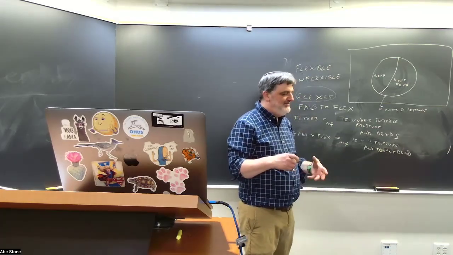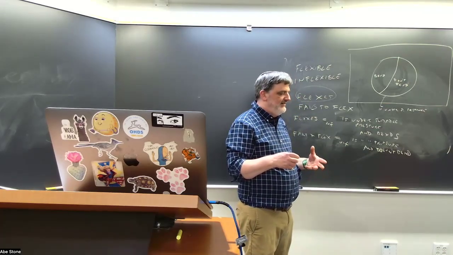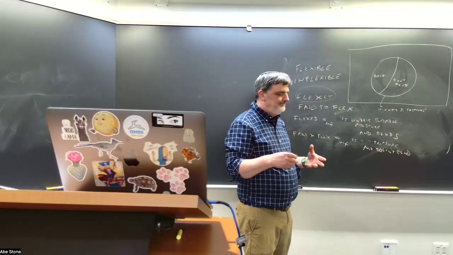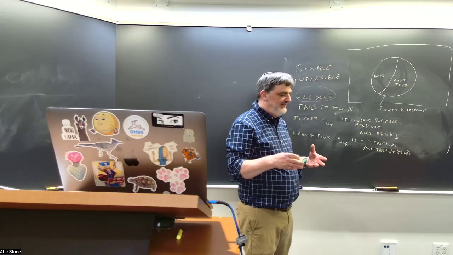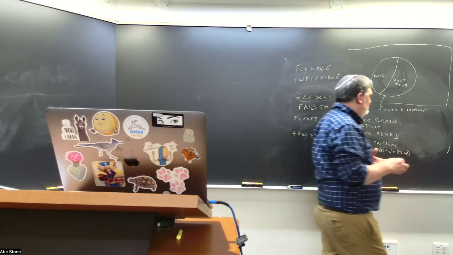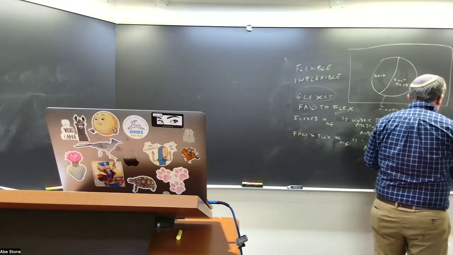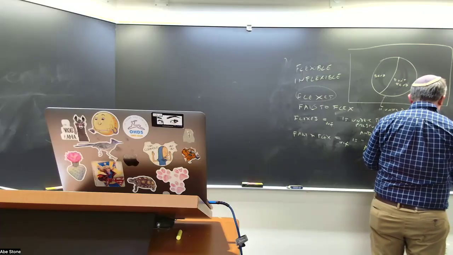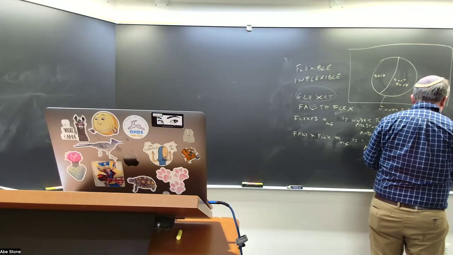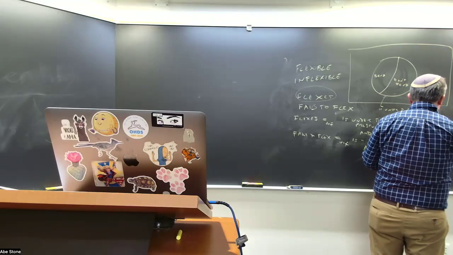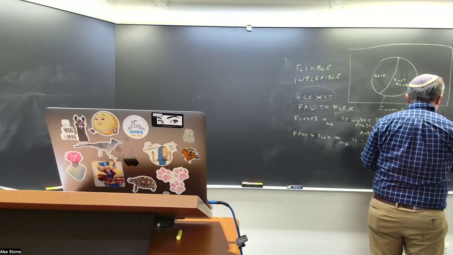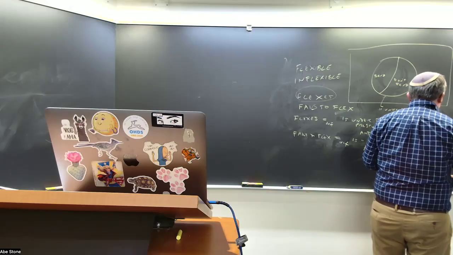The idea being that, rather than thinking as we usually do that, here's the rod at time 0, and here's the rod at time 1, here's the rod at time 1/2.